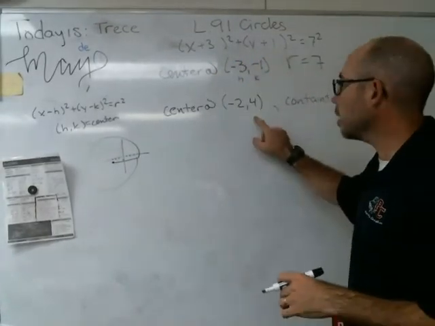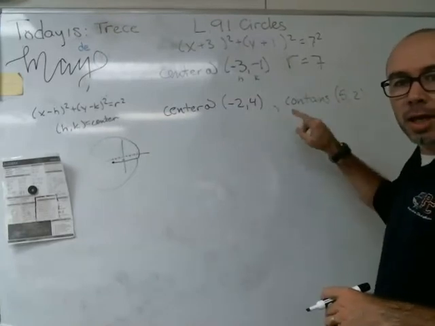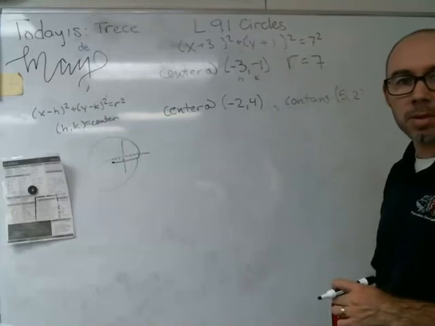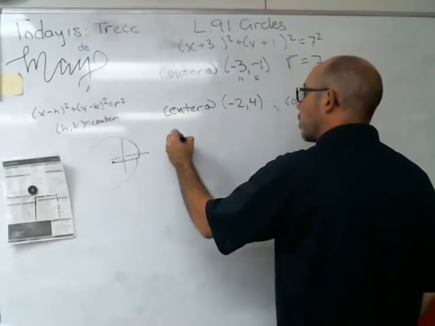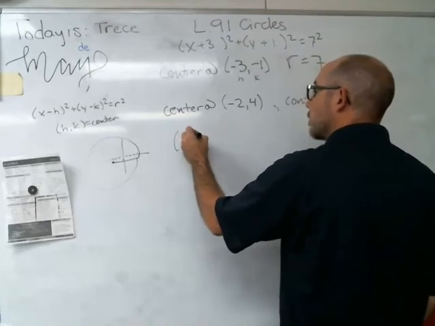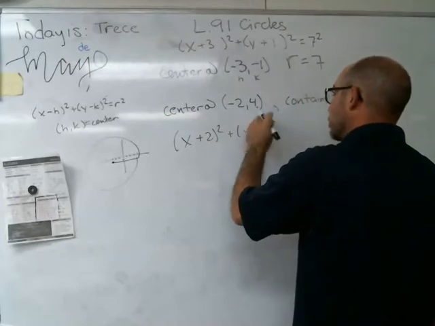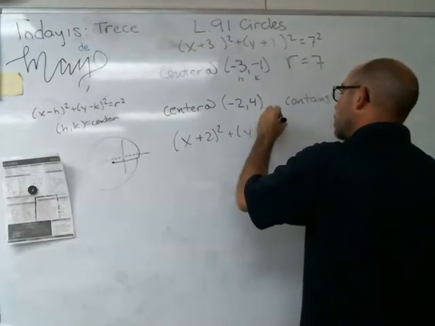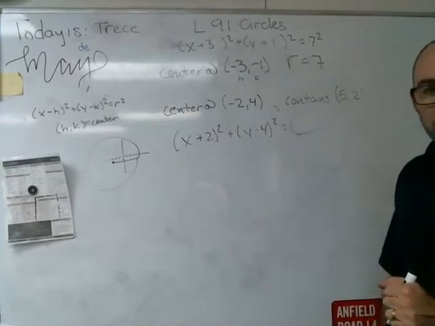All right, this one's a little bit trickier because it contains a point. But we can use that information to figure out what the radius must be. So the center is at -2, 4. Okay, we can go x minus -2 squared and y minus 4 squared equals, this part we don't know.